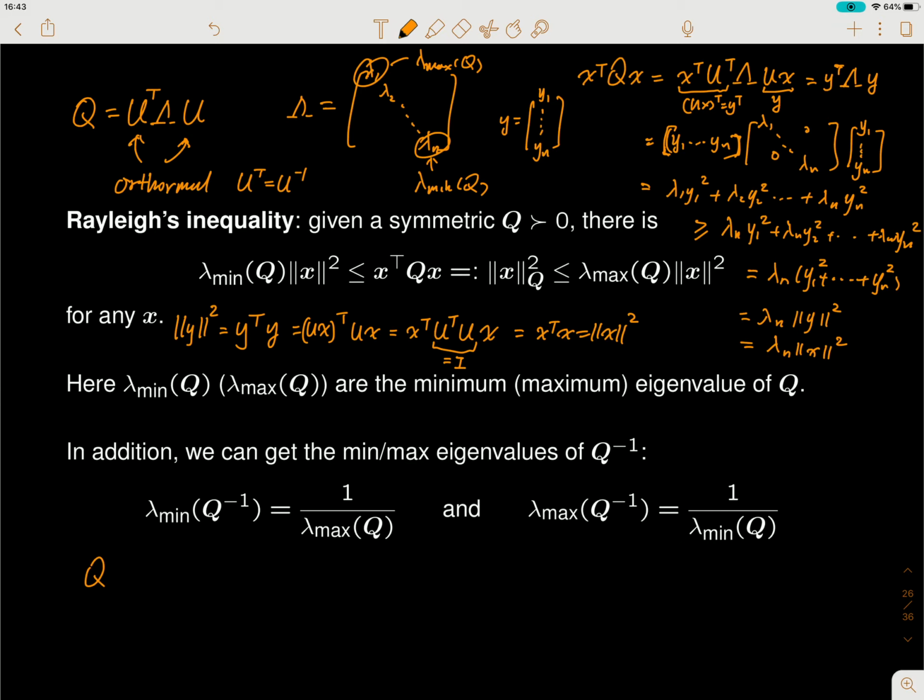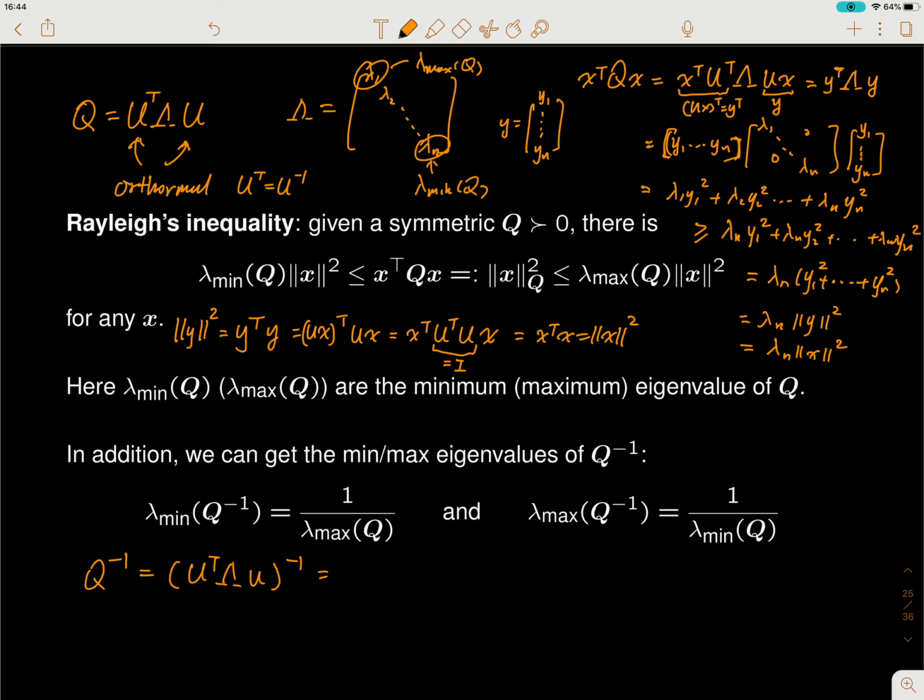Since Q is equal to this, Q inverse will be equal to the inverse of U lambda U transpose. And you know that the inverse of a product is just the product of the inverses in reverse order. So I first need to apply the inverse to the last U.